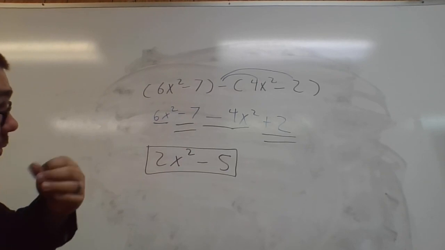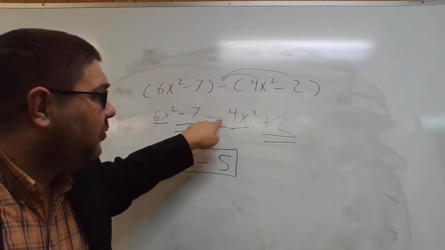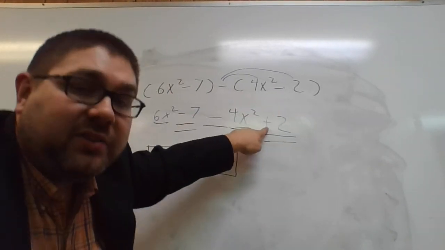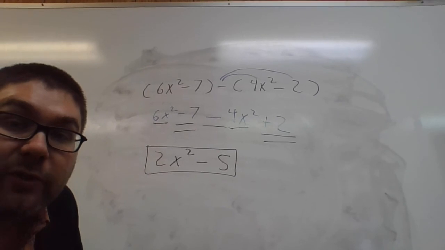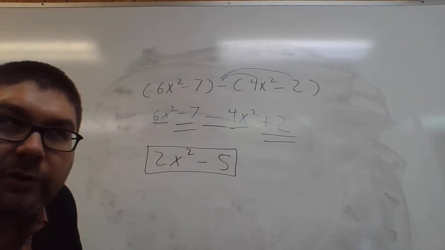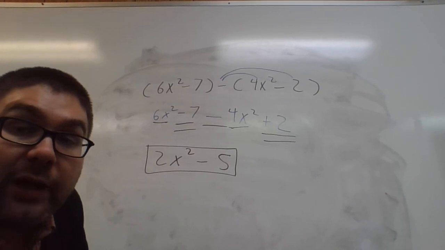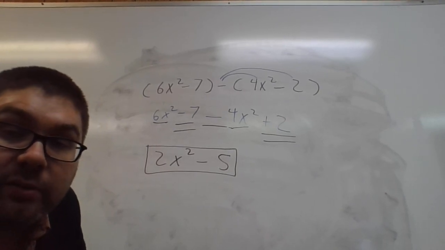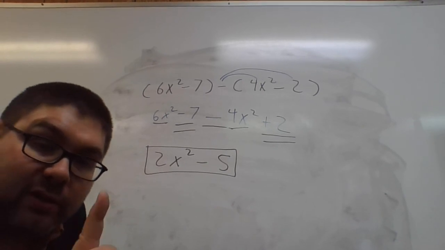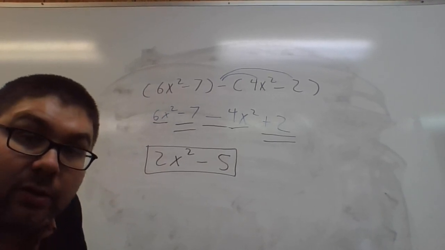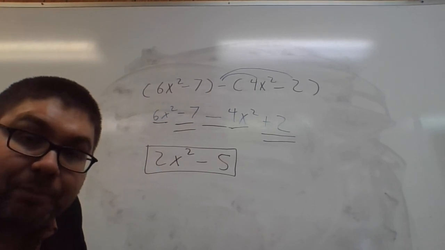This one we have 2 terms, and we changed this positive to a negative, and we changed this negative to a positive. I don't care if there are 2 terms, if there are 4 terms, if there are 100 terms. I'll never give you one with 100 terms, but you would change all the signs, because that's how the distributive property works. The next lesson, next week, we'll talk about the distributive property on Monday.